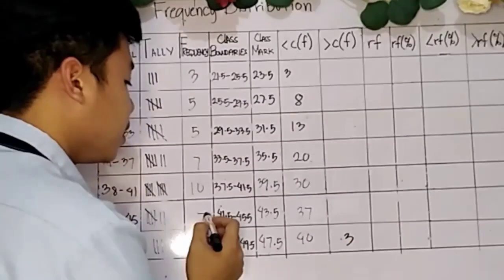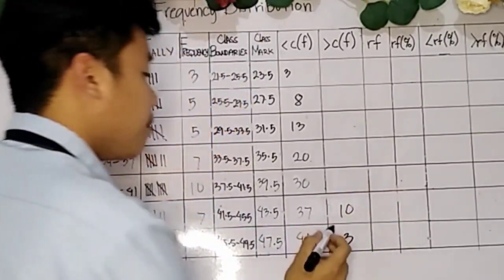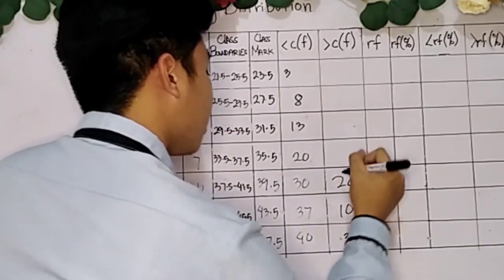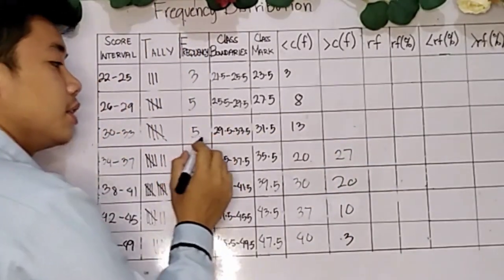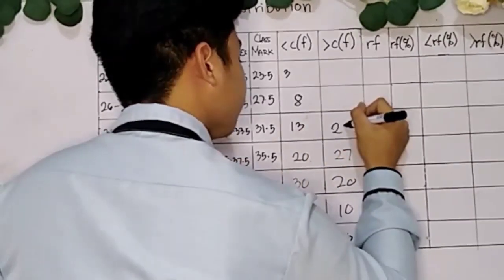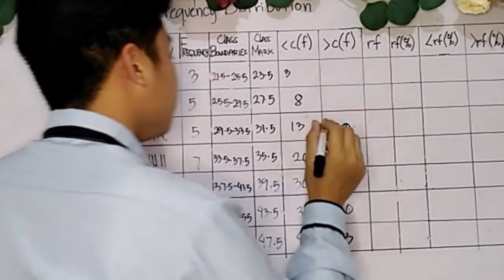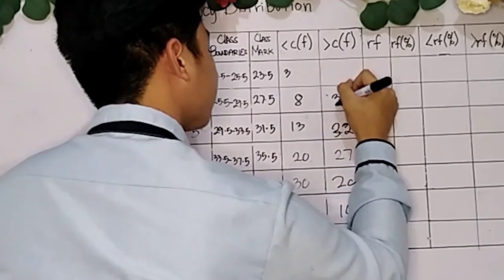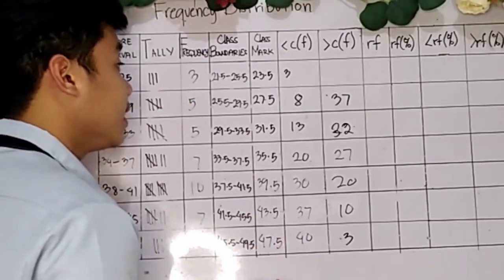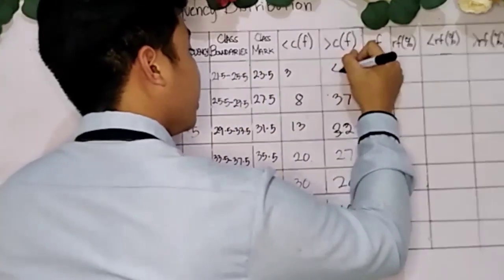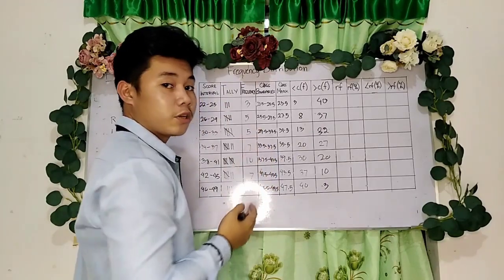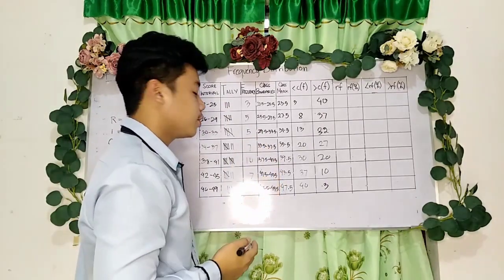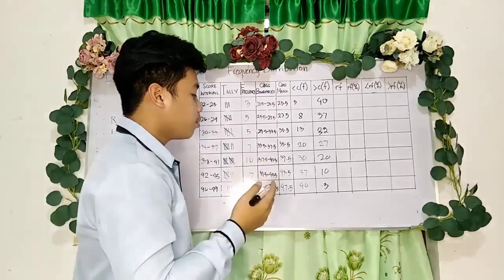So 3 plus 7 is equal to 10. 10 plus 10 is equal to 20. 20 plus 7 is equal to 27. 27 plus 5 is equal to 32. 32 plus 5 is equal to 37. And then 37 plus 3 is equal to 40. Our more than and less than cumulative frequency is correct because we find our population, which is 40.